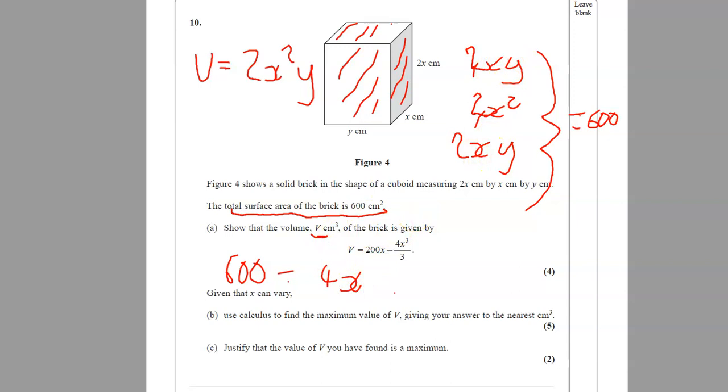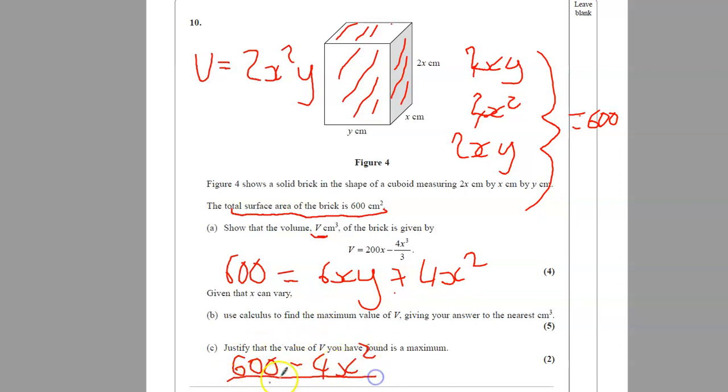So that's actually 6xy, plus 4x squared. Okay, so it's very straightforward to rearrange this and say that 600 minus 4x squared, all over 6x, equals y.